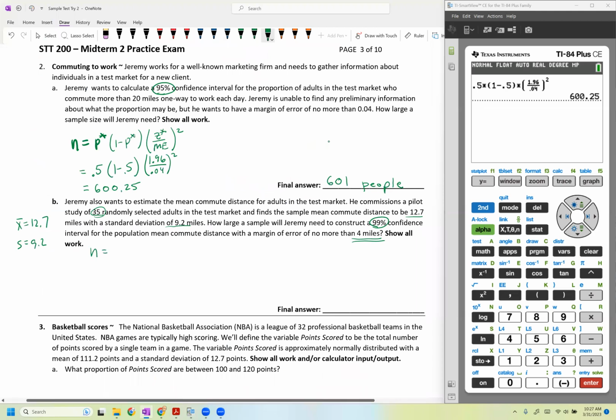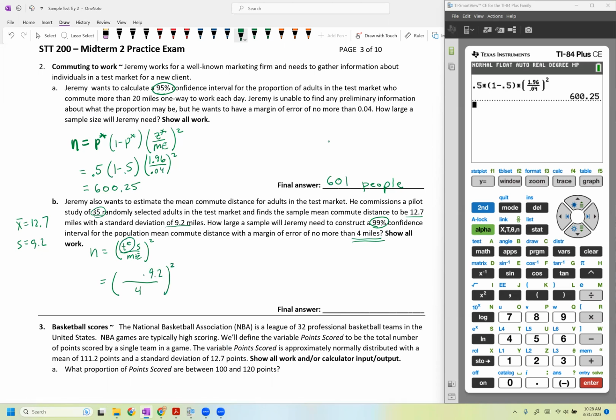So n equals the quantity t star s over me. So what do we know? I know the margin of error he wants: no more than 4. I know the standard deviation is 9.2. But now we have to work out what t star means.